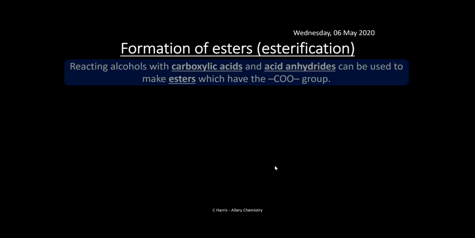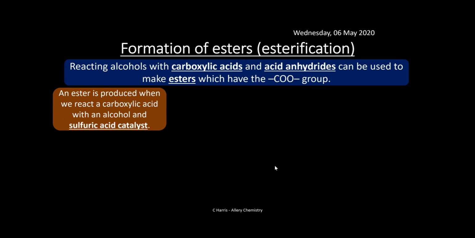Okay, so let's look at the formation of esters. This is esterification. Now you might have seen some of this at GCSE. It depends on the syllabus that you've done, but we're just going to go through the basics of this first and then build that up. If we react an alcohol with a carboxylic acid, or anhydrides, these can be used to make esters, and they have the ester group, the ester link, which is the COO link.